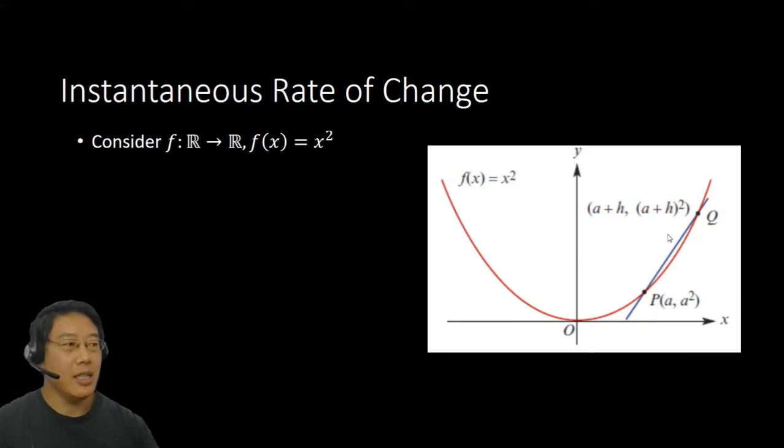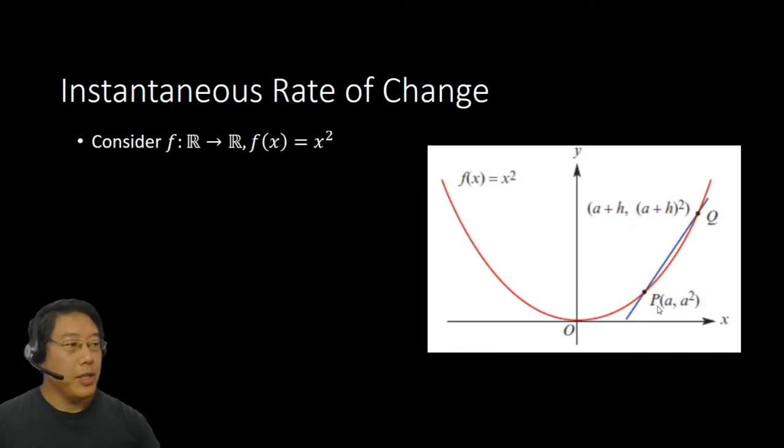So the idea is, let's say we fix point P, which is this point here. The other point is going to be variable because we use another parameter that we call h. And when this point gets really close to that one, that average line in blue will start to become a tangent to the function at that given point P.